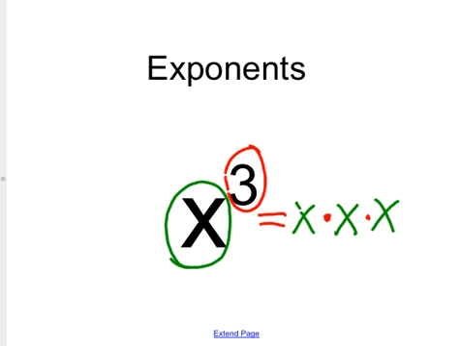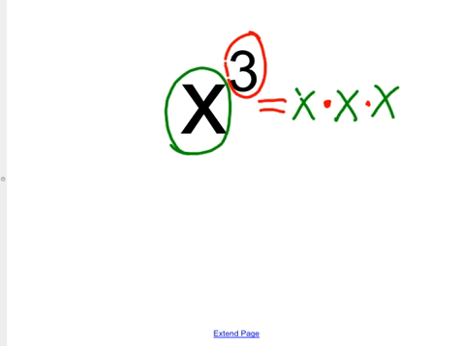So it's 3 x's multiplied times themselves. And this would go for any variable with an exponent. If I was looking at y to the exponent 3, this would be the same thing as just saying y times y times y.